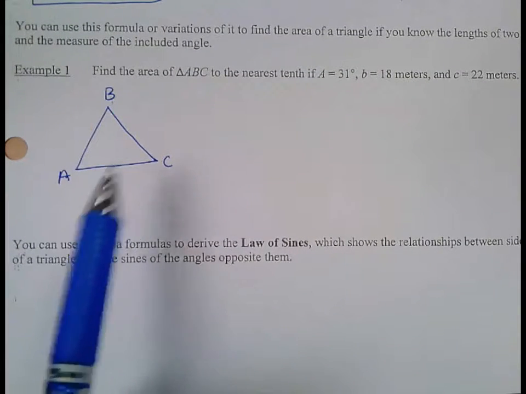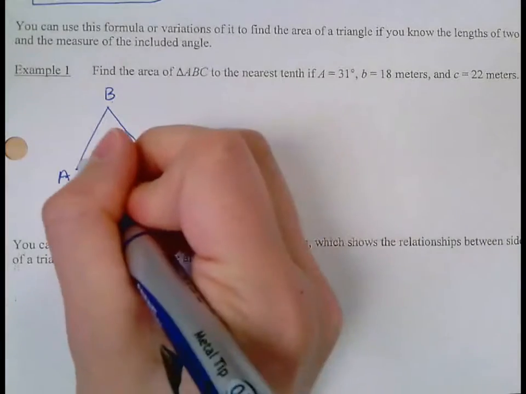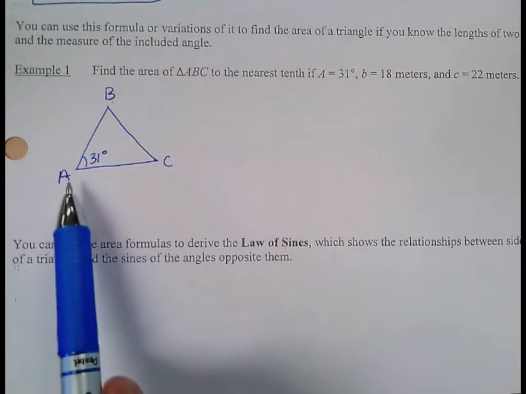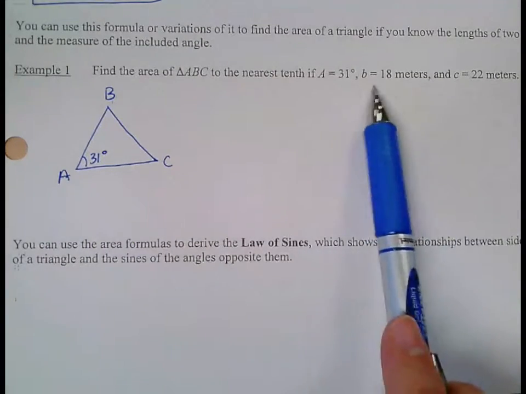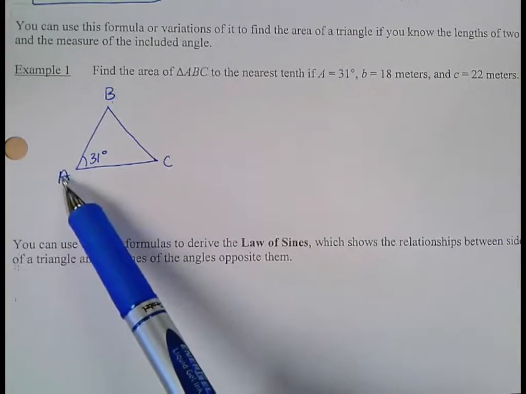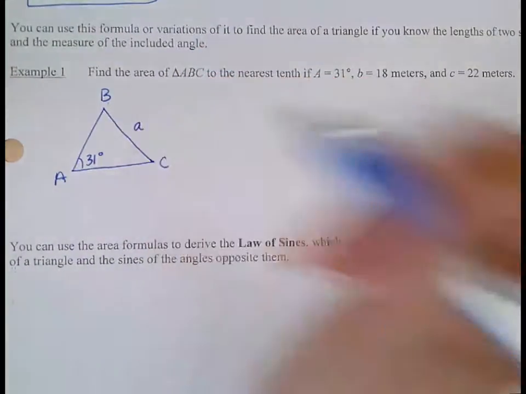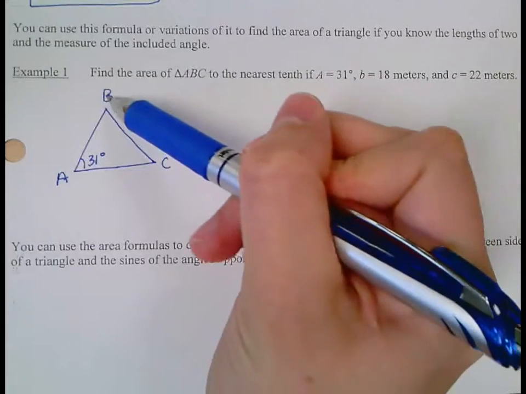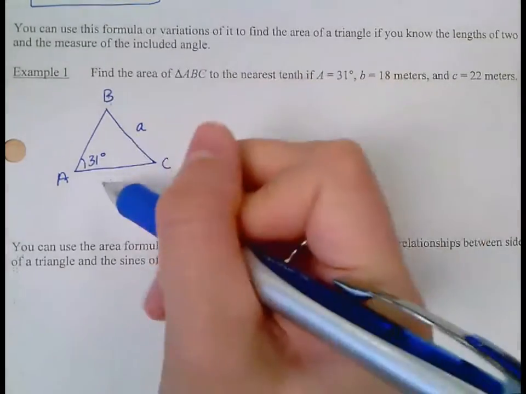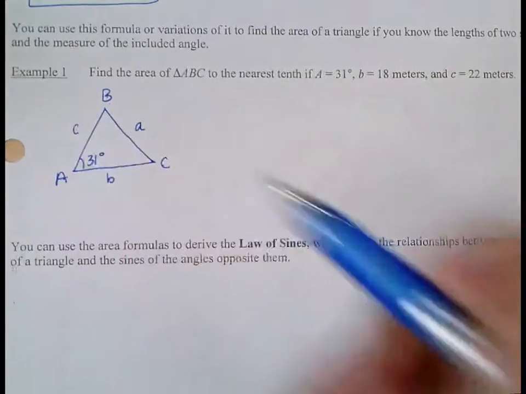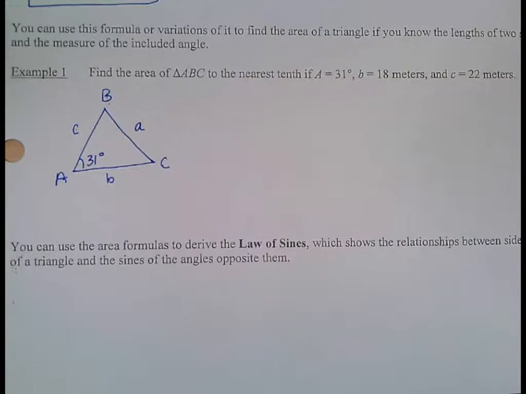So for triangle ABC, angle A is 31. Remembering from geometry, for side lengths, we label the side that's across from angle A as side length little a. The side across from angle B would be side length little b, and the side across from angle C would be side length little c.